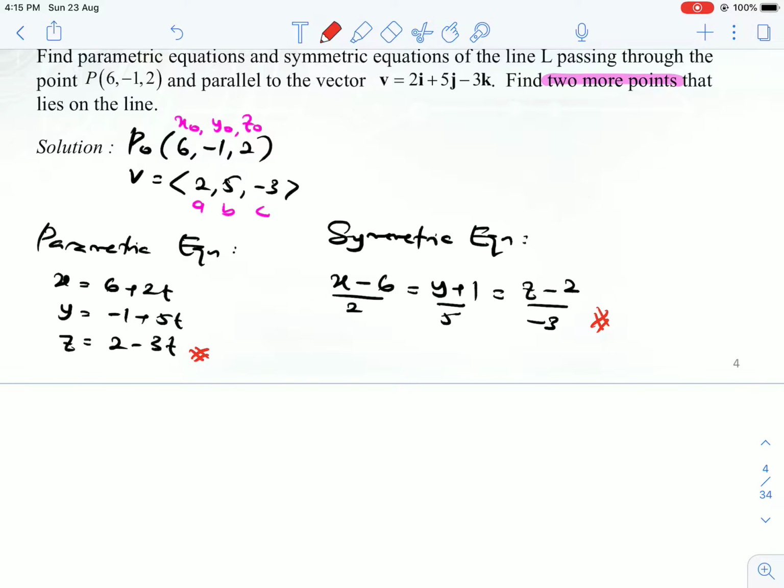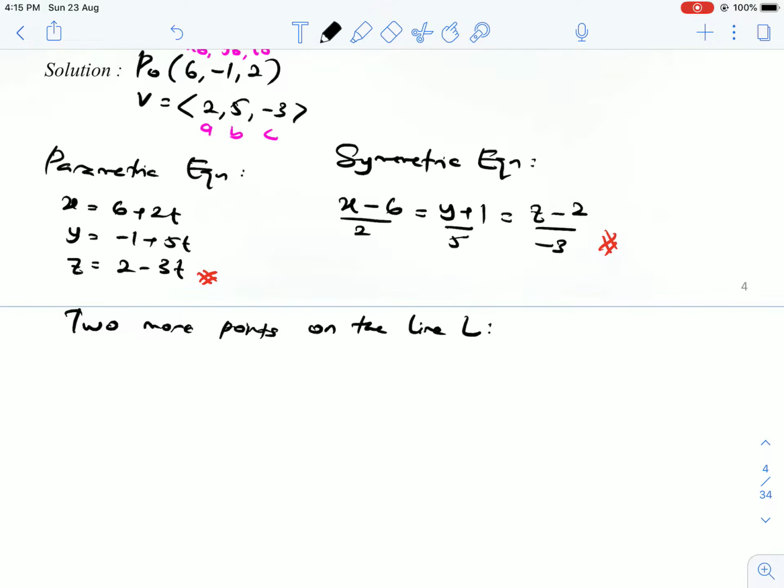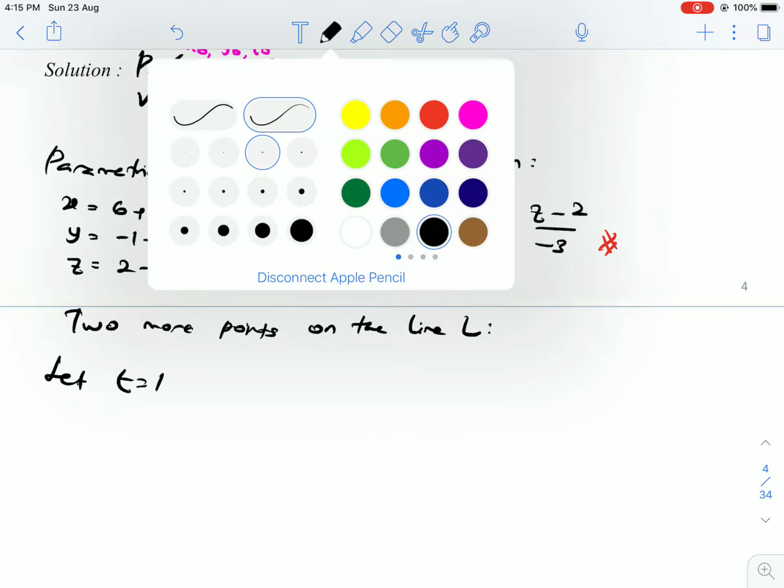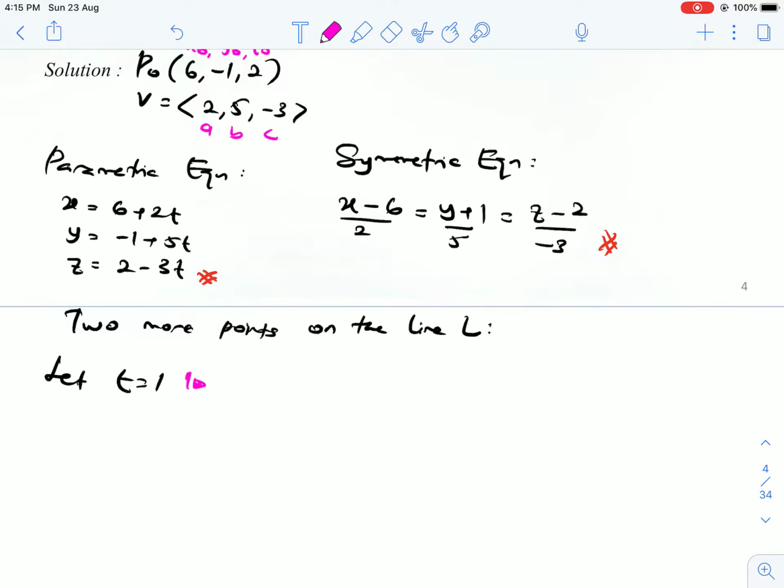In order to find 2 more points on the line L, we need to substitute values of t into the parametric equations.